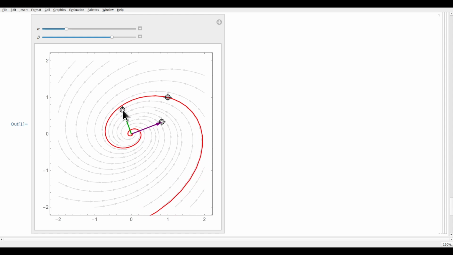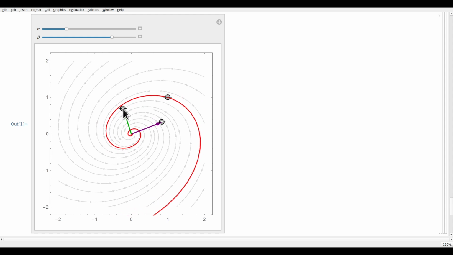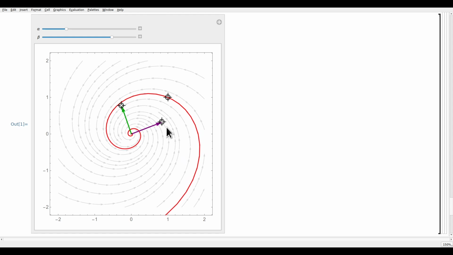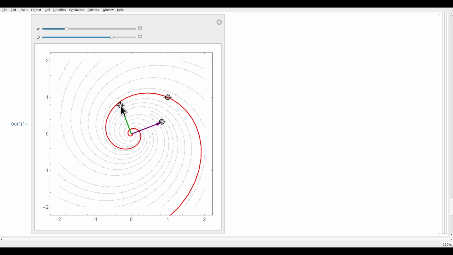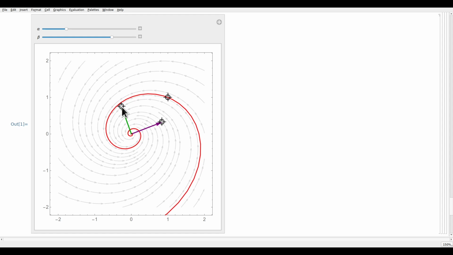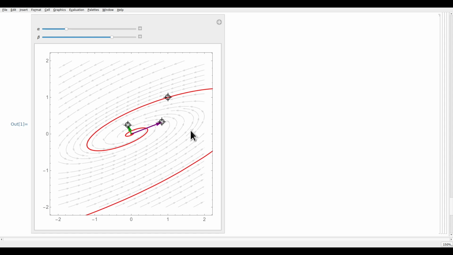You can see that what the eigenvectors control is how oblong the spiral is. So if they're almost the same, you get a very even circular spiral. Well, I say circular, but in the sense that it's got a high degree of rotational symmetry. Whereas if one is much greater than the other, you'll get this very oblong spiral where it overshoots in one direction and comes back.